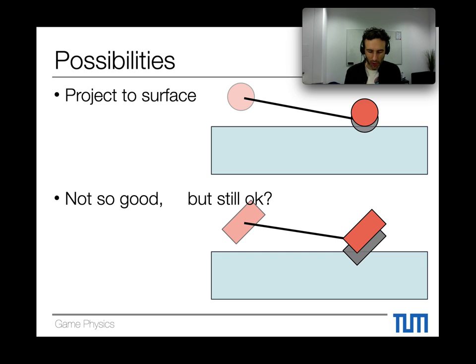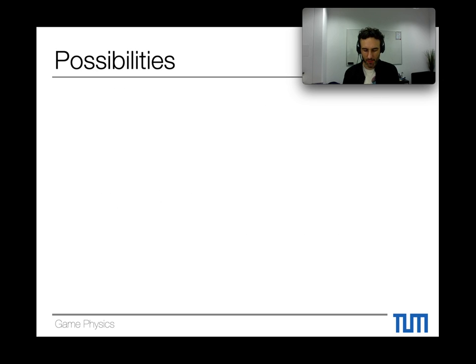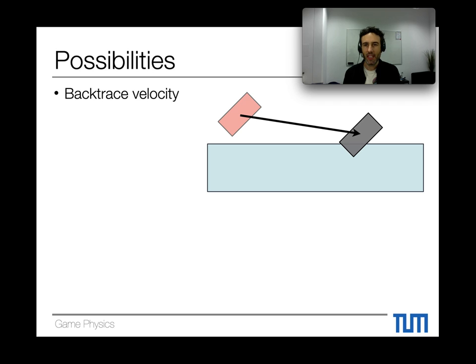Still looks good, probably. It's better than this colliding state, but as you can see here, we basically just moved a small part, and now we actually shifted the box by a large part of its volume. So here the distance is not very big, but this is a pretty big change to the state we actually computed. And there are more variants that you could do.